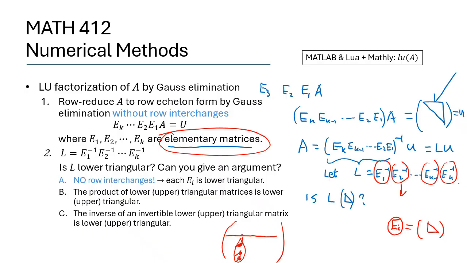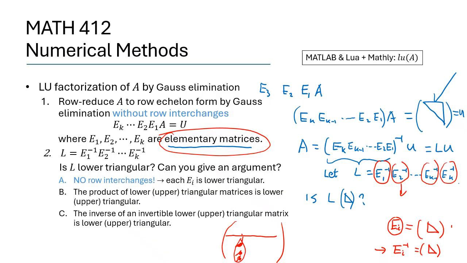And in linear algebra, we also have a theorem: the inverse matrix of a lower triangular matrix is also a lower triangular matrix. On the other hand, if a matrix is upper triangular, its inverse is upper triangular, given that it's invertible.